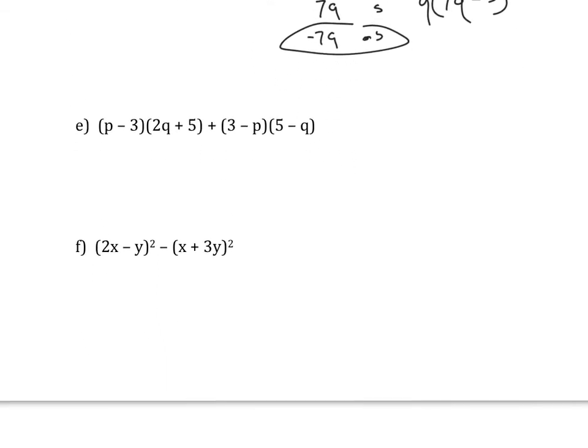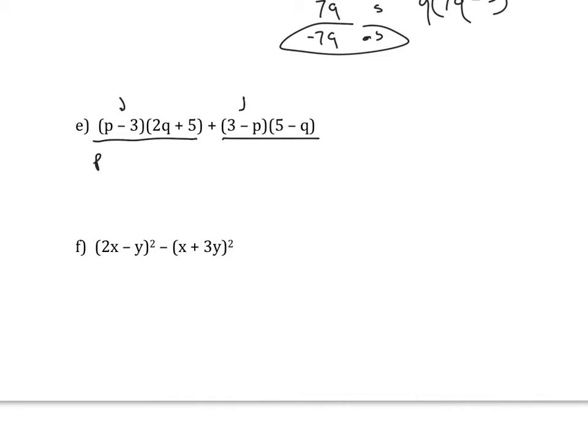All right, next one. We have two terms here. Each term is composed of two factors. Do we have a common factor? Well, no, but we do recognize that we have a p minus 3 and a 3 minus p, which are negatives of each other.